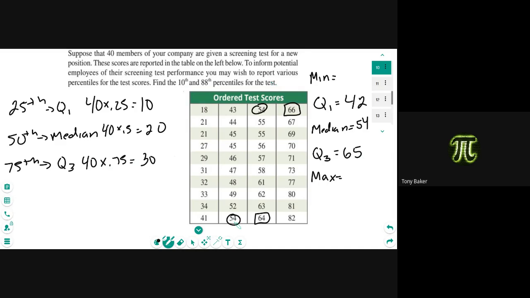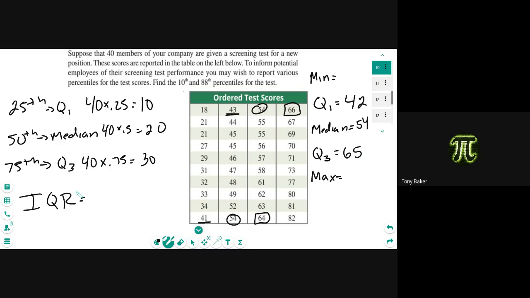The 20th number is 54, the 21st number is 54. The 10th number was 41, and the 11th number is 43. That's how I got 42. Yeah, 41 plus 43 is 84. 84 divided by 2 is 42.